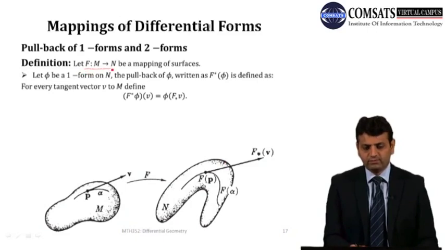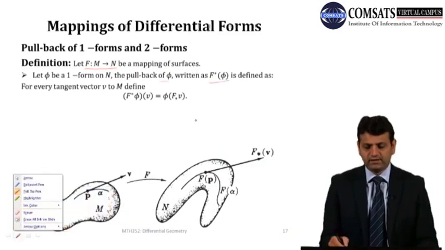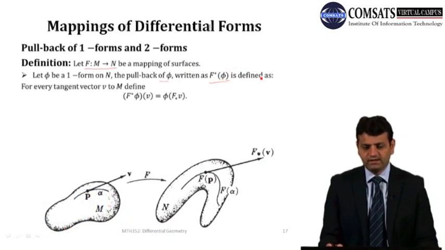Now let f from m to n be a mapping of surfaces, and let phi be a one form on n. Now the pullback of phi written as f upper star of phi is defined as, so once again in this case also we have the same problem that I cannot push any one form given on a surface m in the direction of f. If there is a one form on m and there is a map from m to n, then I can't take the image of that one form to some one form on n.